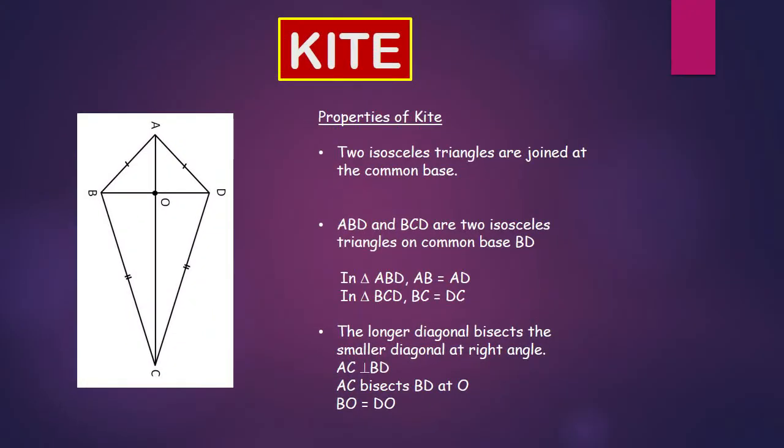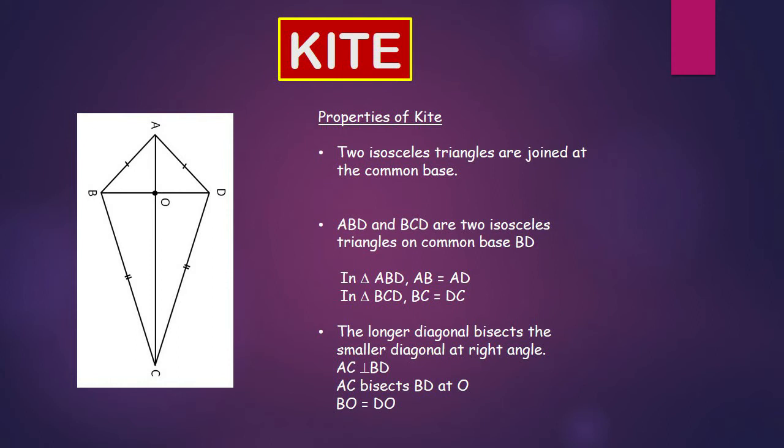This is the next interesting quadrilateral, that is kite. Now kite is the quadrilateral which is formed by two isosceles triangles joined at the common base. Now in this figure, triangle ABD and triangle BCD are isosceles triangles which are joined at the common base, that is BD, and so ABCD forms the kite. In this, AB is equal to AD as triangle ABD is an isosceles triangle.